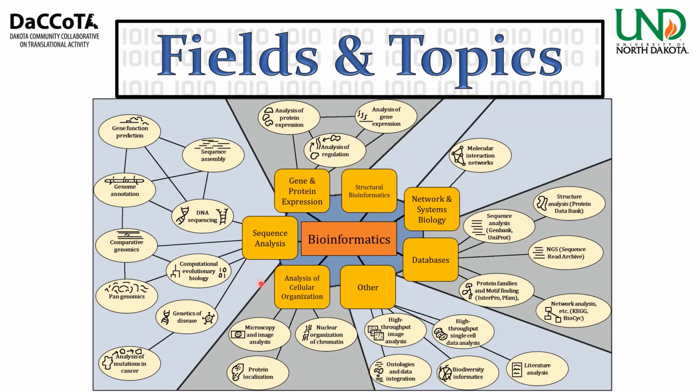So from sequence analysis, gene and protein expression, etc. And then these lighter circular ones are subtopics from there, trying to branch and connect it the best I can. And so this tries to give a broader view of what you can do in bioinformatics, anywhere from DNA sequencing to working with network analysis with databases.